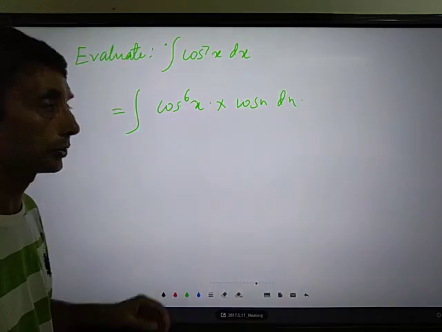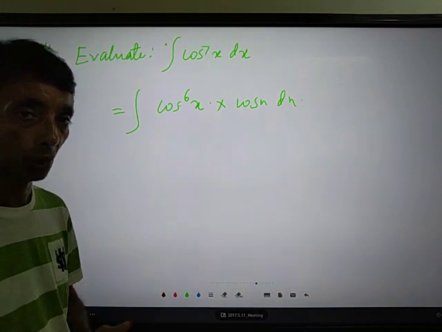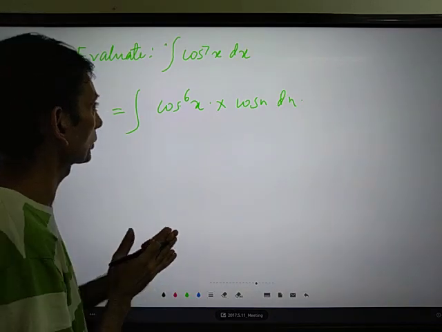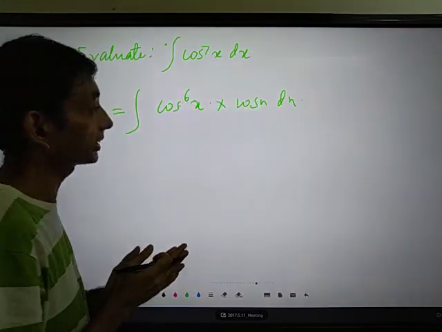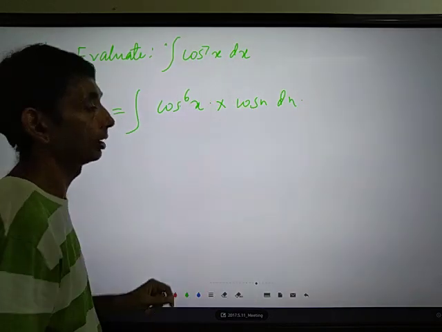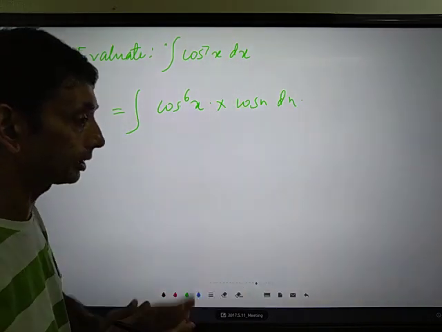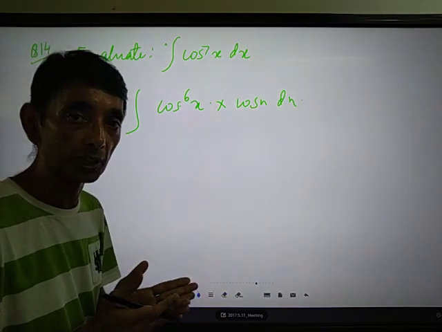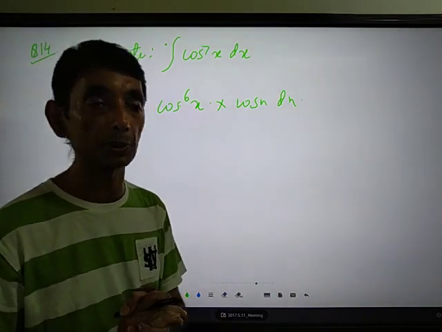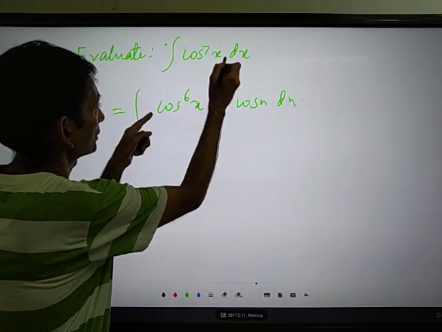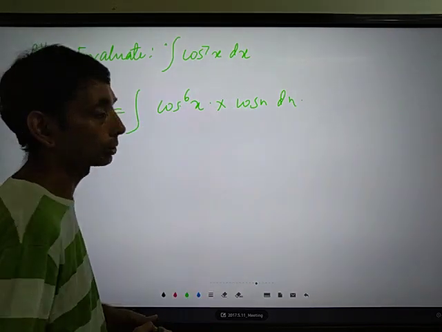So just try for substitutions. It may come to your mind that we don't have a direct formula for cos to the power 7x, so try either some manipulation or the method of substitution. We can write cos to the power 7x as cos to the power 6x into cos x.